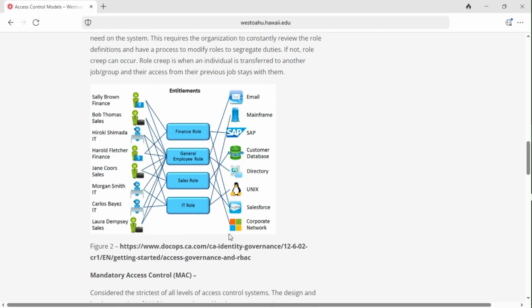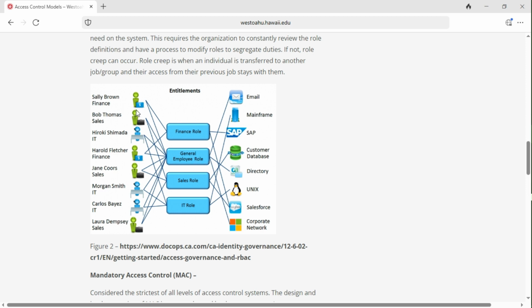So like I mentioned, the major difference between mandatory access control is classification. And I'm going to give you an example here. So this right here is basically what would be an example of role based. But within this example, I'm going to add the mandatory access control example.